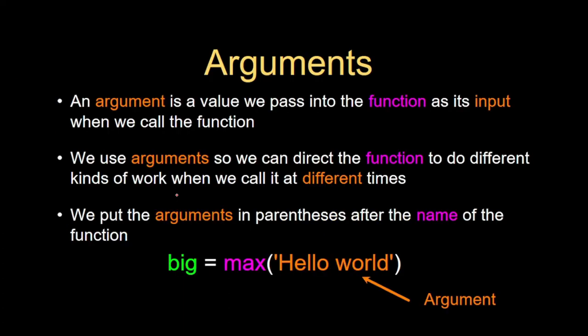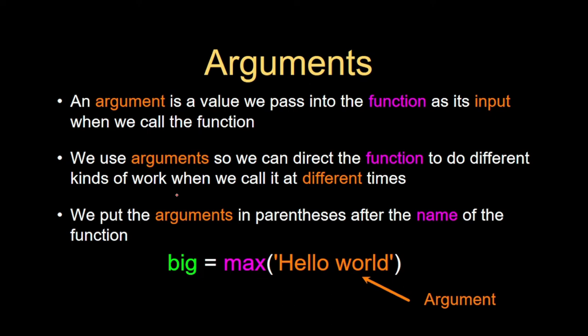Good. What is an argument in Python? An argument is a value we pass into the function as its input. The raw material, ግብአት የምንሰጣቸው ማለት ነው, the raw input to perform some operation or computation. This is what an argument is in Python and in functions as a whole.